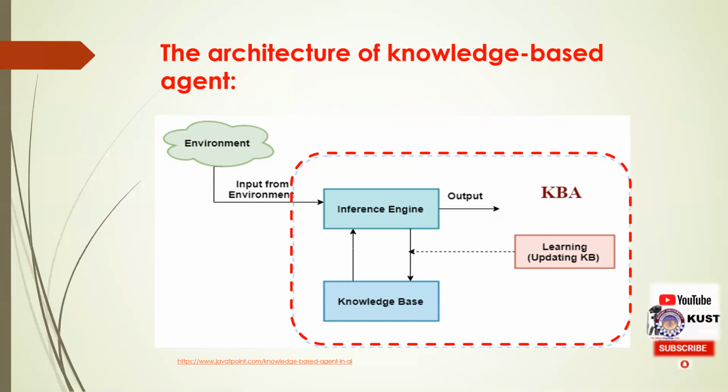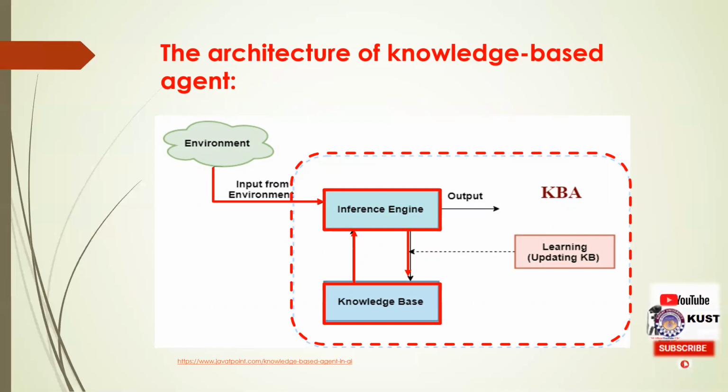The knowledge-based agent takes input from the environment by perceiving the environment. The input is taken by the inference engine of the agent, which also communicates with the knowledge base to decide as per the knowledge stored in the knowledge base.